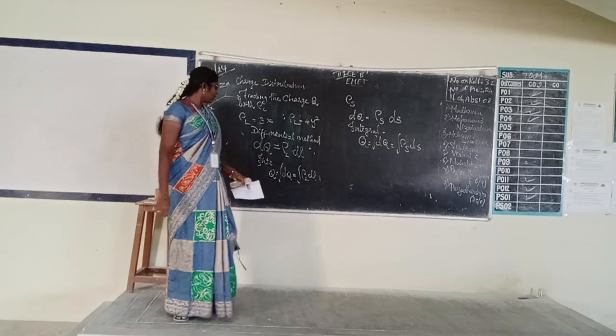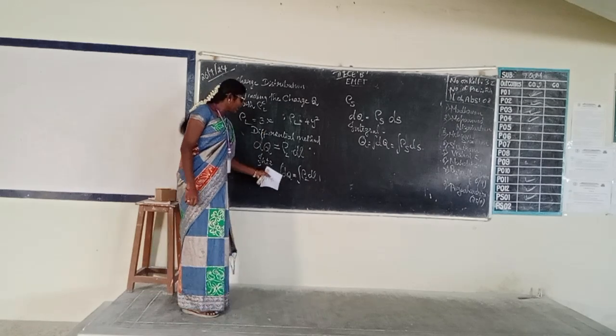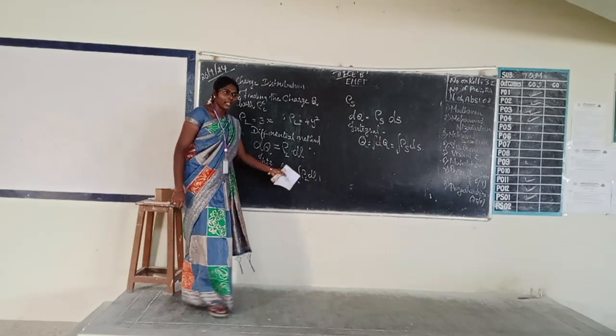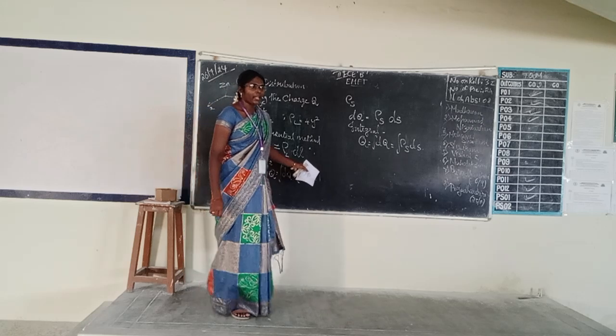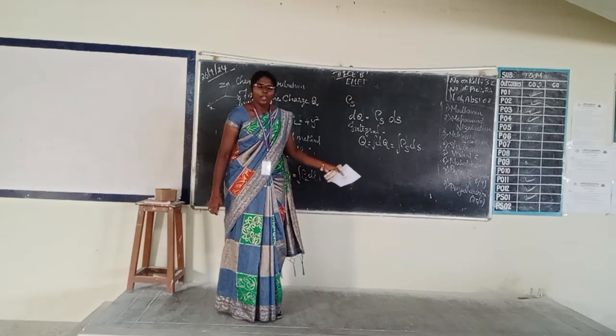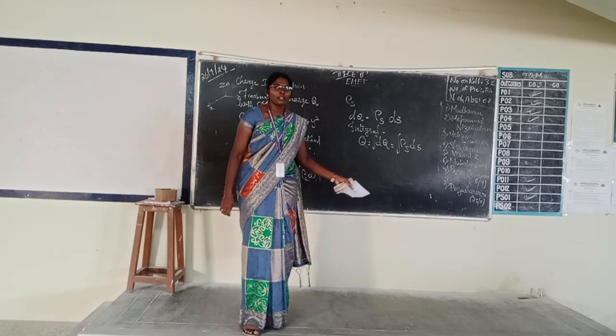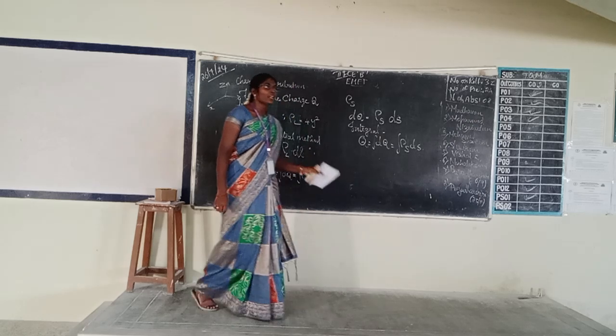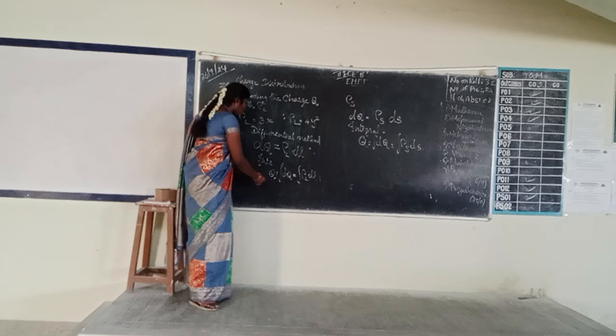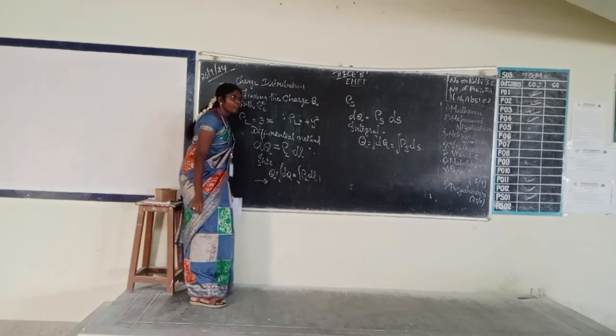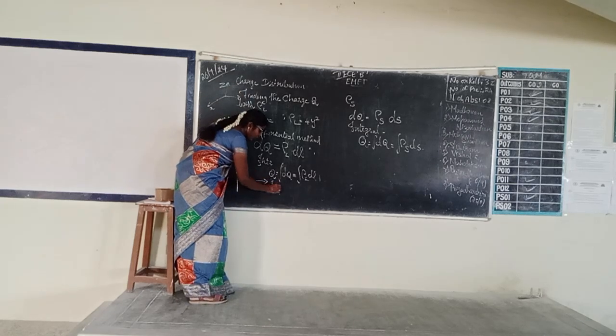One more thing I told you further. Here I am integrating over the line. In line, one more case I have told you. The line can be either a curved line or a straight line. One more is a closed line. If it is a closed line, what do we have to do in the integral? A closed integral.